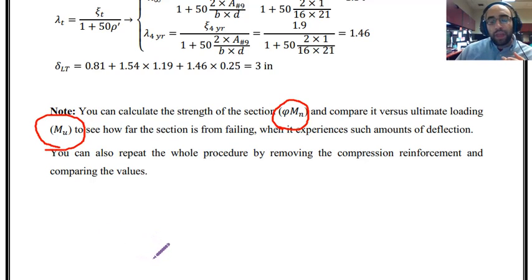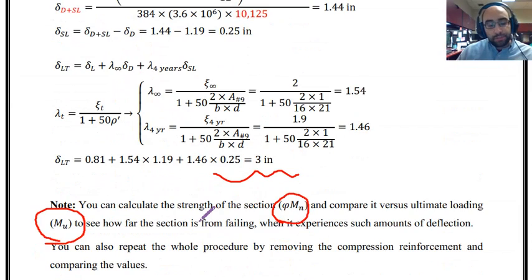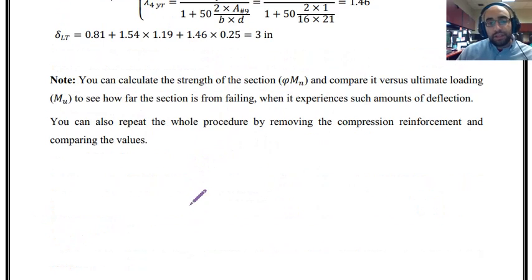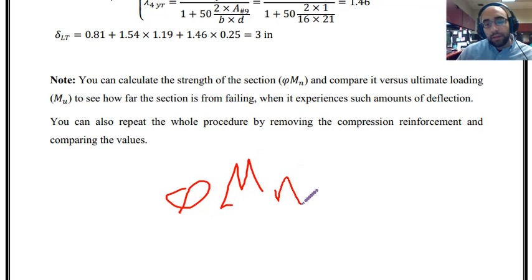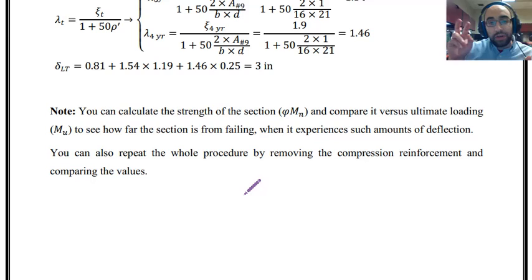By this comparison, you can see at some amount of loading, we are seeing such long-term, or let's say, for example, short-term deflections. You might see that phi Mn is smaller than Mu, which means section has failed. And then that will be an interesting thing to see what is the theoretical calculation values when the section has already failed under some loading. That is one thing that you can do.